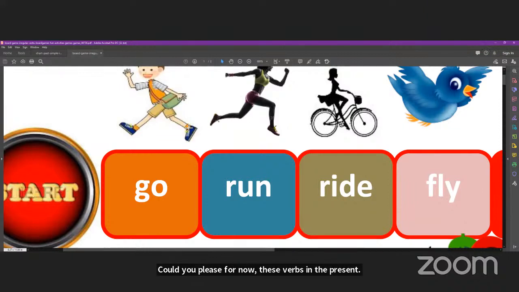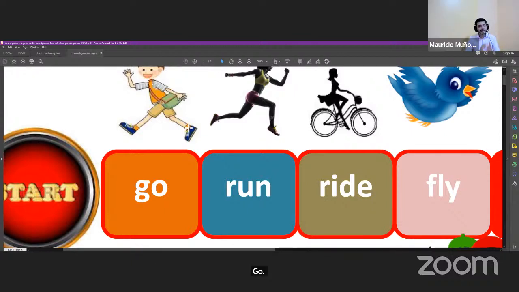Go, run, ride, and fly. Okay, now pronounce these verbs present and past at the same time. Go, went. Run, ride, roll, and fly, and fled. Okay, very good. Fly, flew.